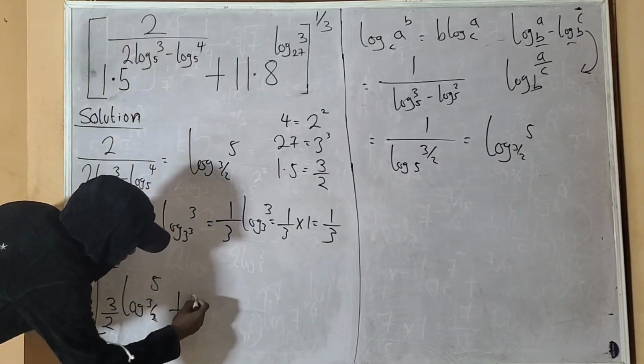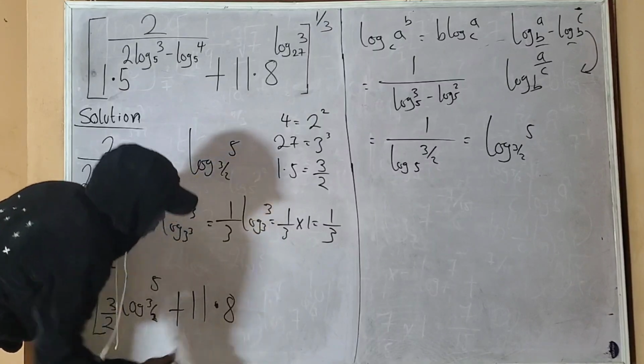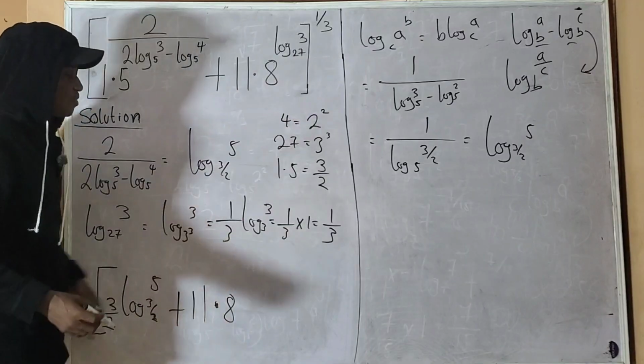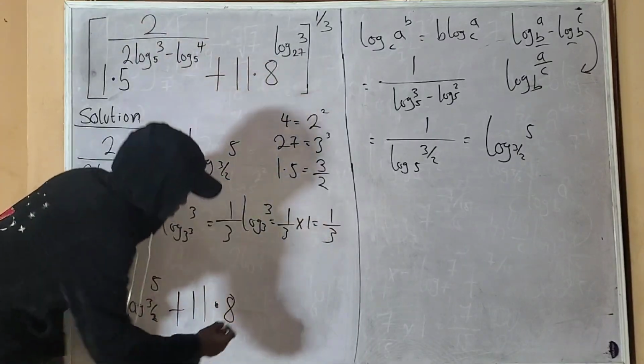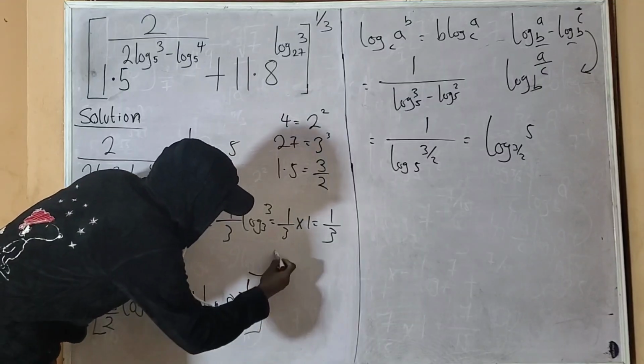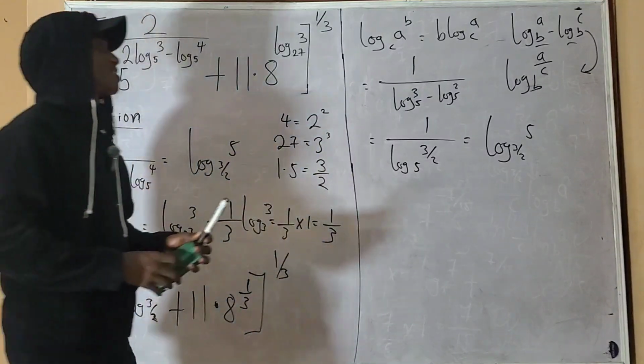Plus 11 multiplied by 8 raised to the power of, instead of log_27 3, we're going to have 1 over 3, and all of this raised to the power of 1 over 3. Do you understand? Okay.